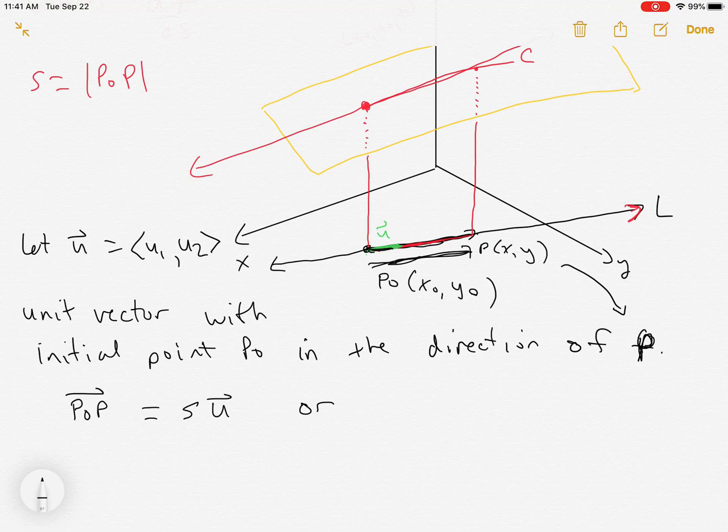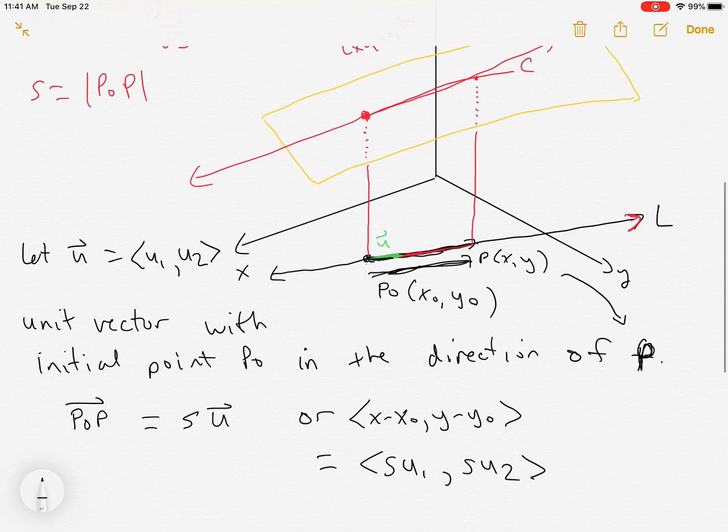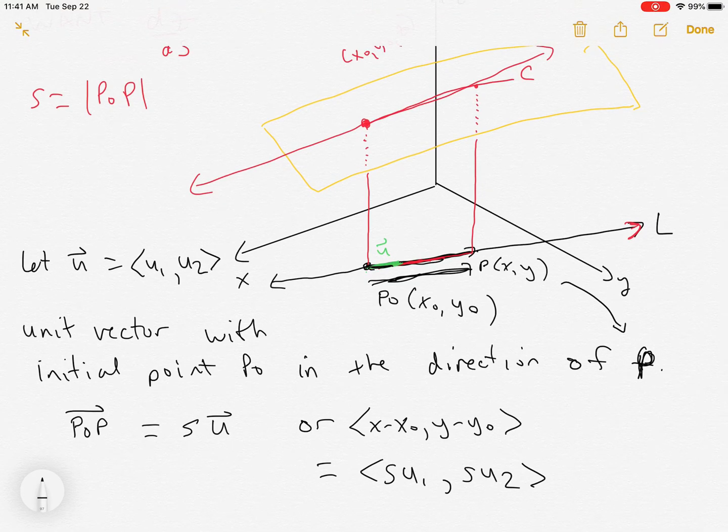So the vector P naught P is X minus X naught, Y minus Y naught. If you just think about it, you're in the XY plane, so it's just the slope of the line. And SU is equal to SU1, SU2, because scalar multiplication is defined in vectors.